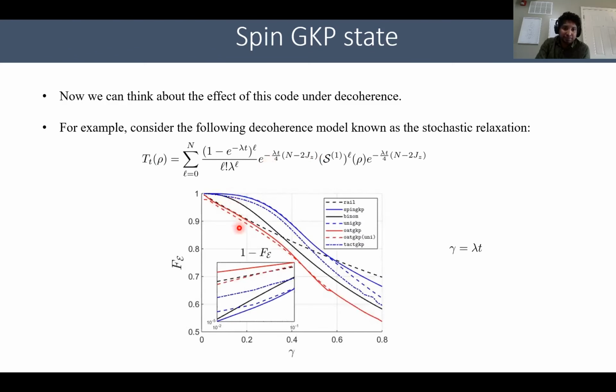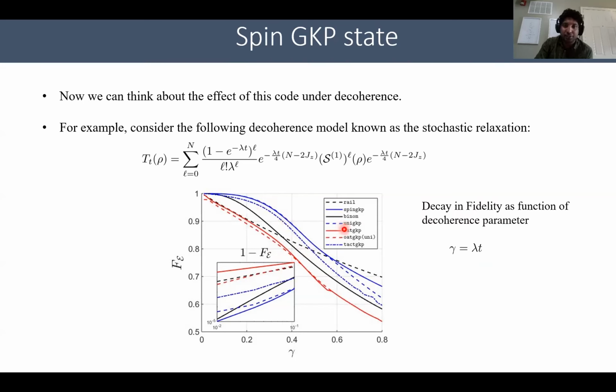This is the fidelity as a function of the decoherence parameter gamma, which is lambda times t, as given here. These are different kinds of GKP codes, but we don't need to go into the details. What you can see is that these GKP codes outperform all other codes in small decoherence regimes, and that is a very significant result.